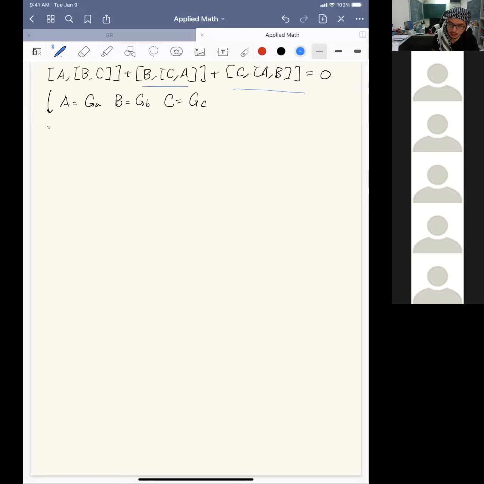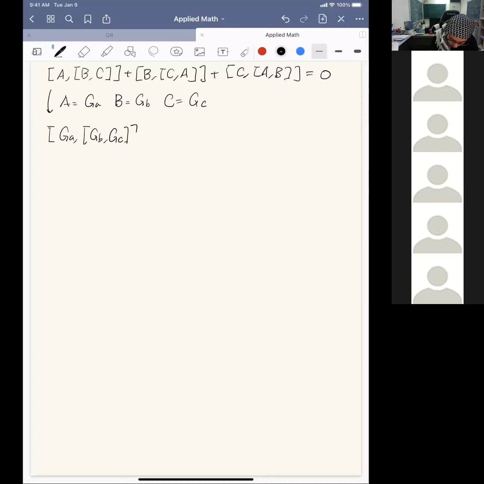So as long as I work out the first term, the other two terms we can derive directly. So the first term is just the commutator of G_A with [G_B, G_C].